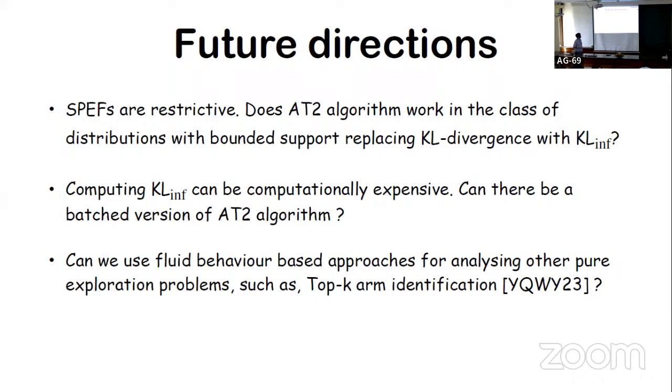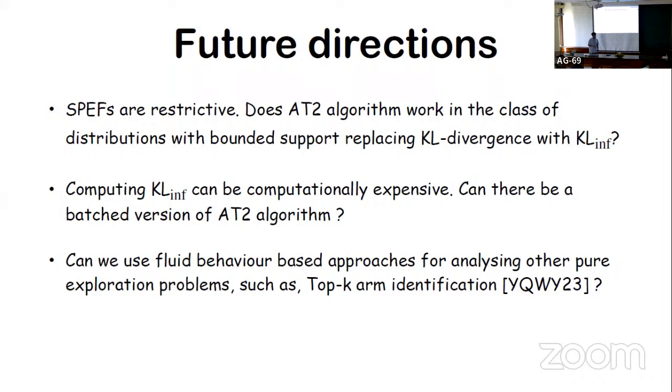Can there be a batched version of the algorithm? Instead of computing KLinf at every iteration, I can compute it in batches. You can evaluate KLinf by root finding, doing a bisection search, but after you evaluate KLinf, you also have to evaluate these indexes, right? Yes, this infimum is a convex problem.